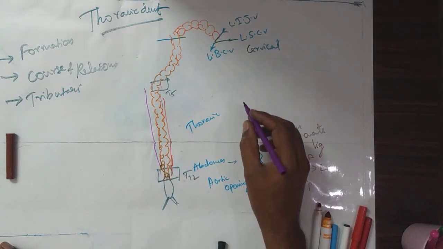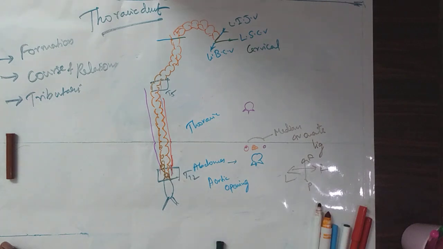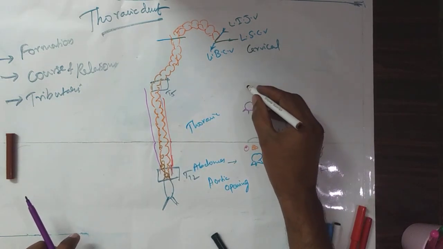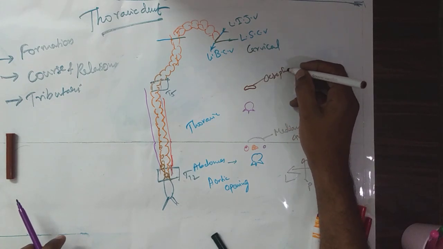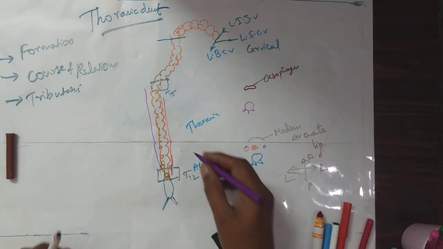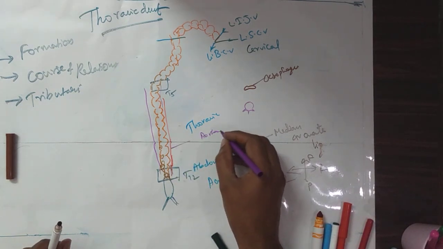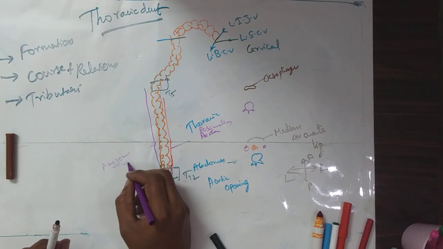So relations in the posterior mediastinum are, behind will be the thoracic vertebrae, anteriorly it's related with the esophagus. If this is your aorta, this is descending aorta, this is azygous vein.